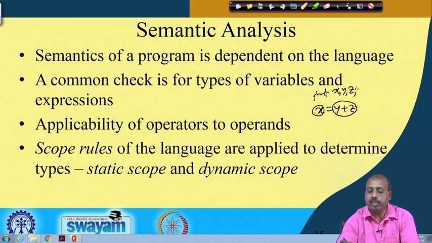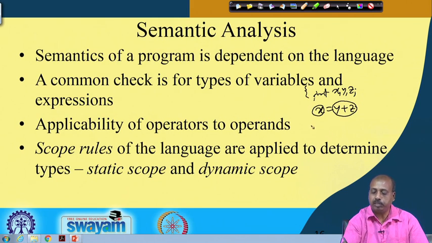So when the types of these variables can be obtained at the time of compilation itself, that is called static scope. The scope of a definition is static. So within this function, x, y, z are of type integer.